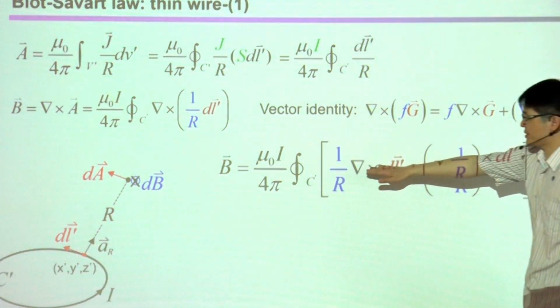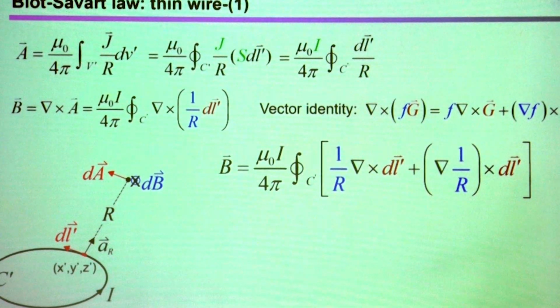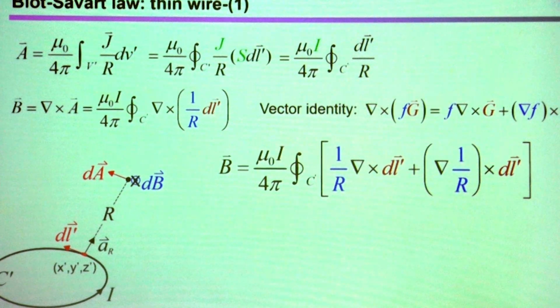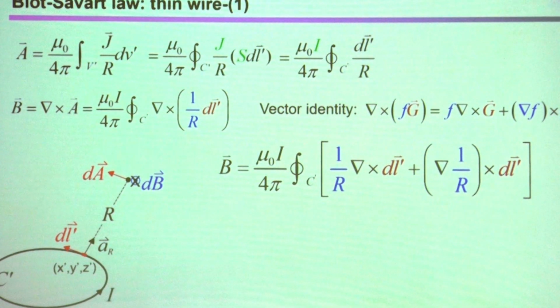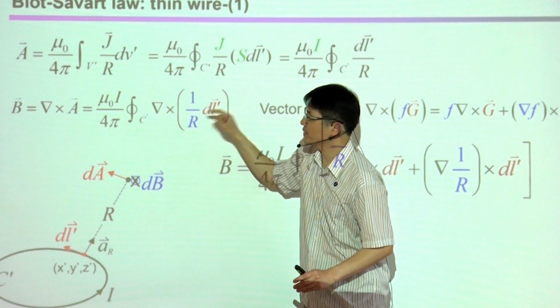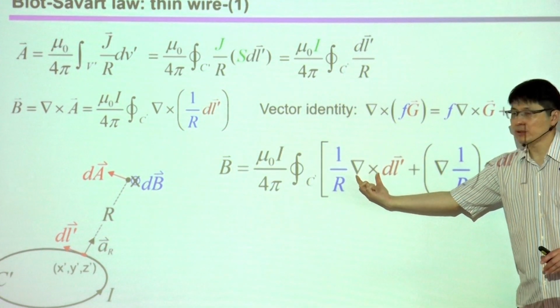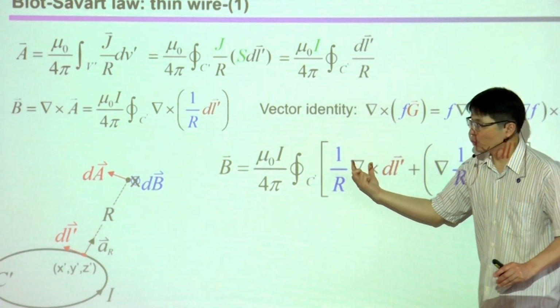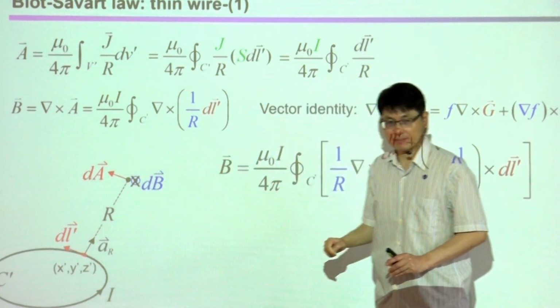But we have two terms from the vector identity. Now, smart students like you would understand why I emphasized the primed system and the unprimed system. The curl operation operates on your observation point.